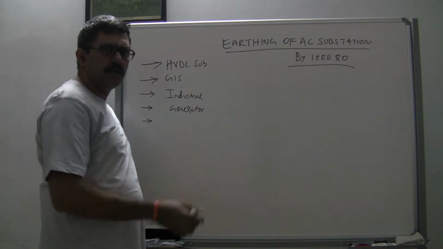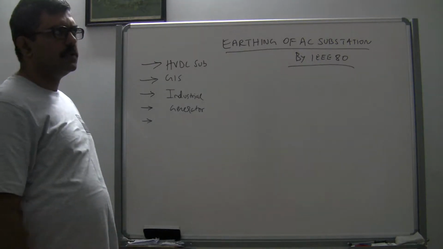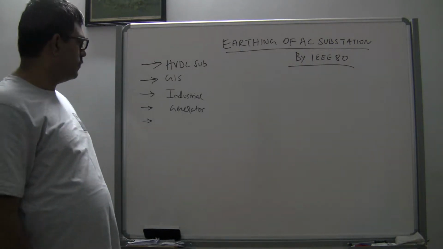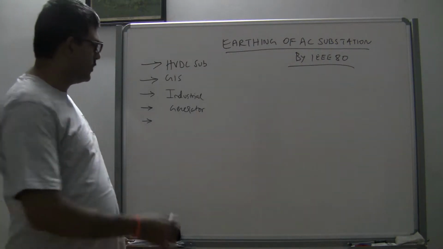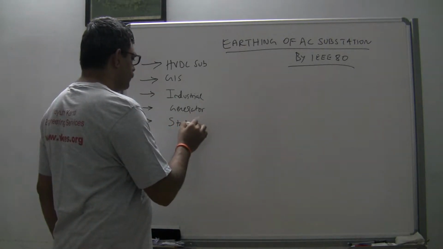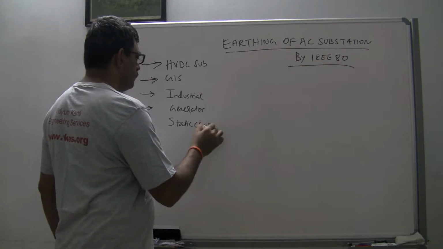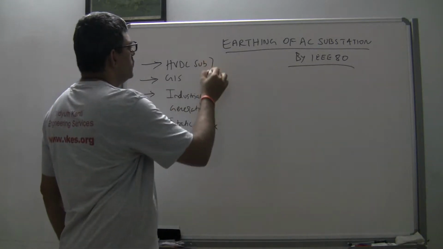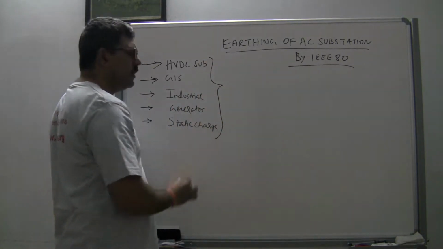And yeah, earthing related to the refinery, which is for protection against static charge, that is not covered. I think these are the main things which we will not be covering.